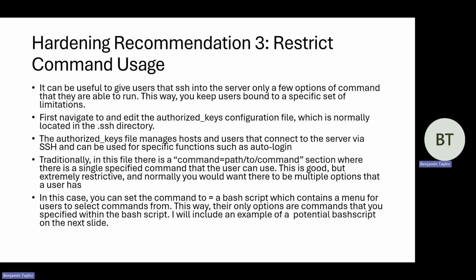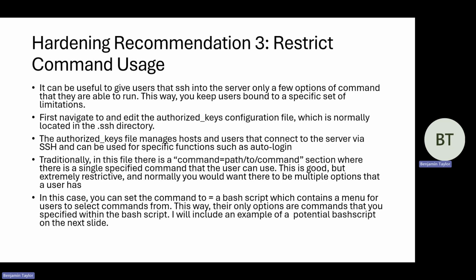So a workaround for this, a way that you can still limit the options of what a user has without just limiting them to one singular command, is you can set that path to a command to actually be a path to a bash script.